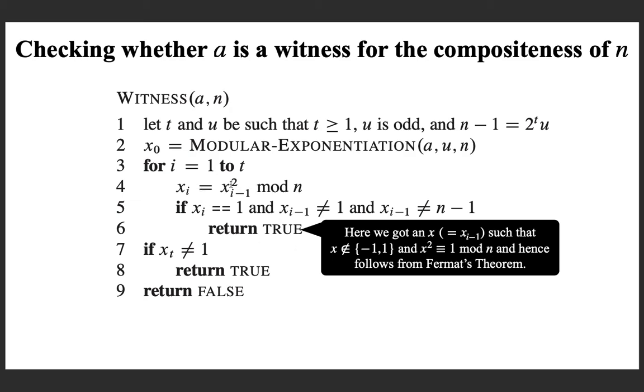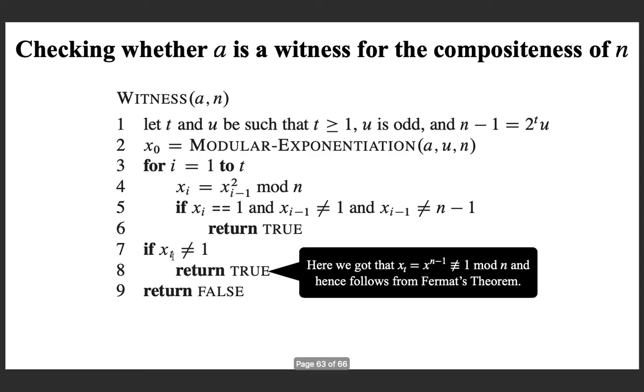Suppose you finish this loop, then at the end you get a to the power n minus 1 in xt, and from Fermat's theorem it must be congruent to 1 mod n if n is a prime number. But here you are checking whether it is not 1. If it is not 1, then from Fermat's theorem we know that n must not be prime, so you are saying that it is a composite number.